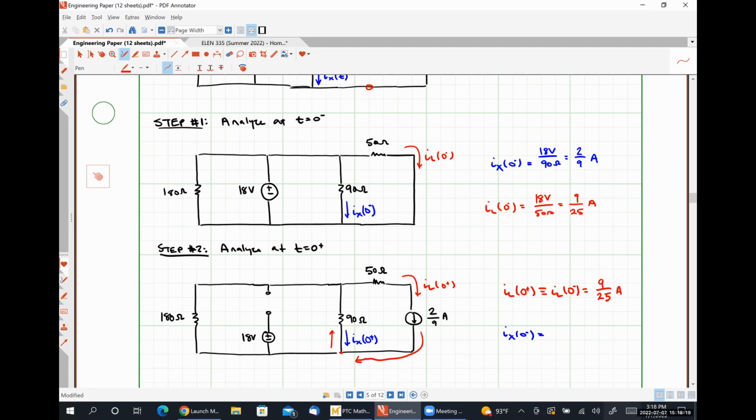Some of it can flow up this way. Some of it can flow up that way. So it's not going to be as simple as negative IL in this particular case. Anyone else have a suggestion?